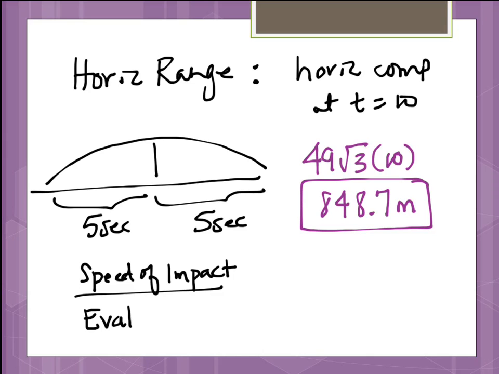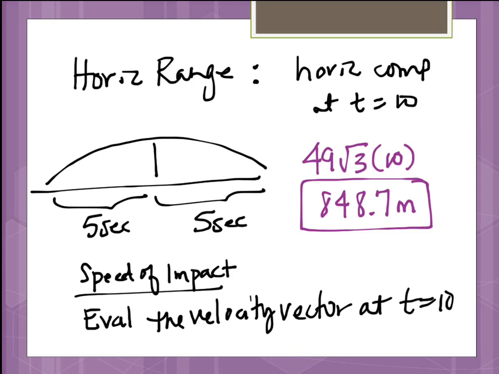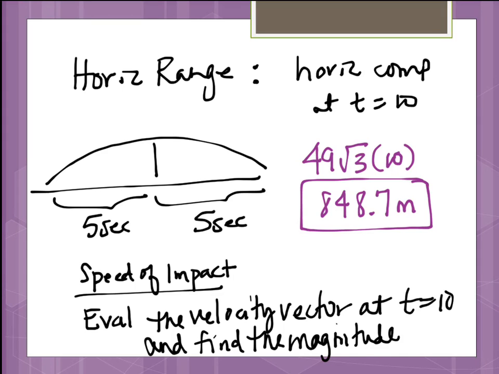The velocity vector. And then we have to take the magnitude of it at t equal to 10, right? And then we're going to find the magnitude. That's actually what we talked about in terms of what speed means last time, it's the magnitude of velocity. So that's why we're finding the magnitude at the end.